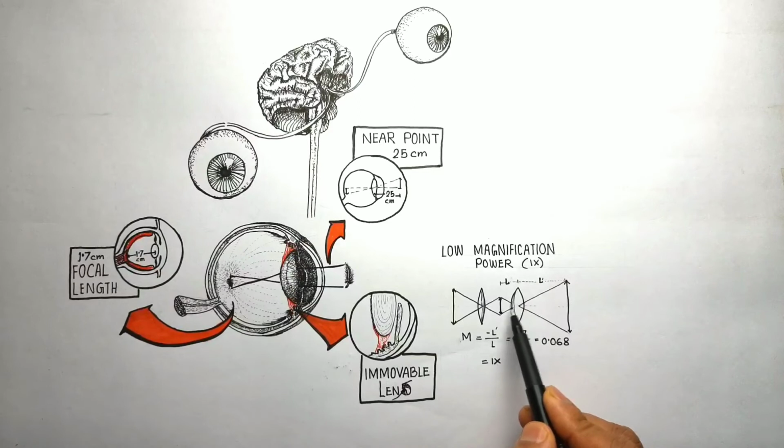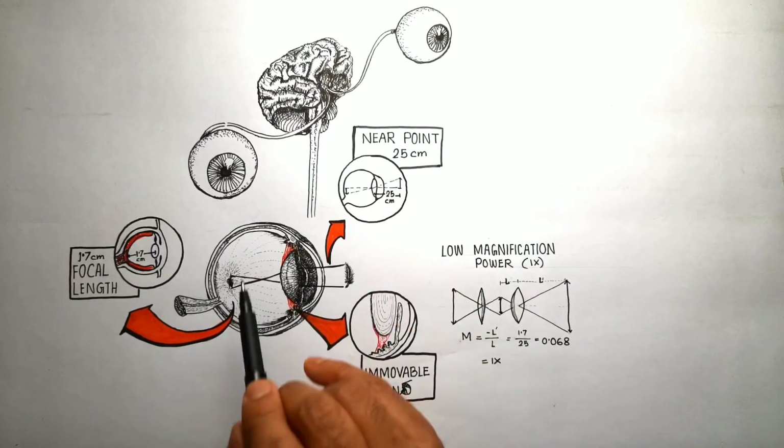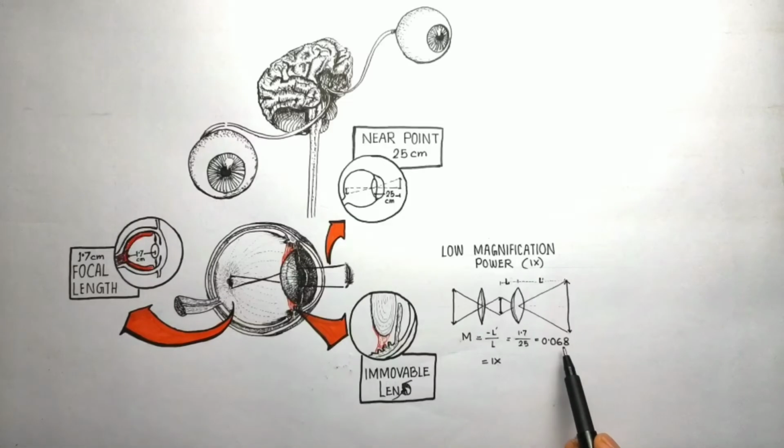And L is the distance between a lens and an object, which is 25 centimeter in the case of human beings, as we see objects in their greatest magnified form when the object is placed at the near point, that is at 25 centimeter.